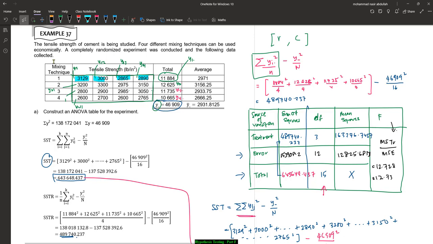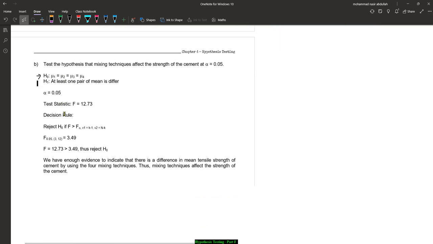Sebab kita ada 4 group. Right? If you have 5 group, means until mu5 lah. And then, this is a standard one. Alternative hypothesis, they always should be at least one pair of mean is different. Ayat dia standard. Tak perlu ubah-ubah.